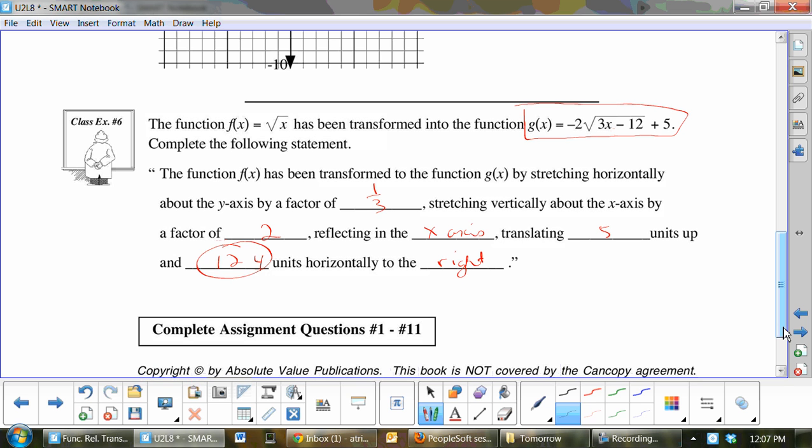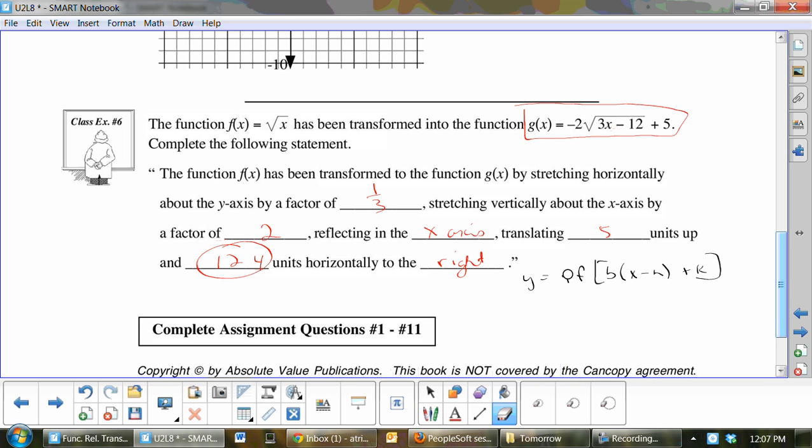Okay, can I just, I'm not going to say what's wrong or right now. I'm just going to do it because I need it to be in this form. It's got to be AF and then BX minus H plus K. Okay, so that's the first thing.